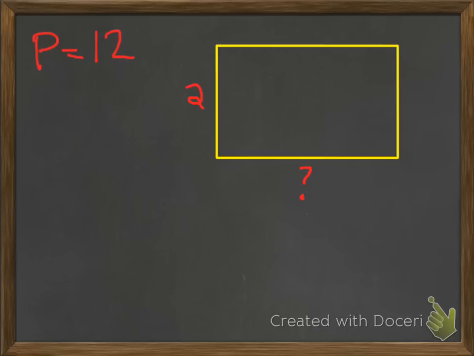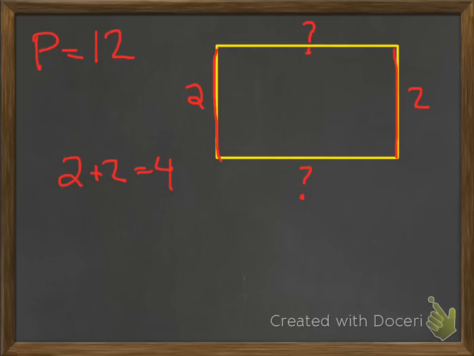Well, if this one is 2, this one has to be 2, and you know that these two are equivalent. So you would add up 2 plus 2, which is equal to 4. So you know that this side plus this side has to be 4.